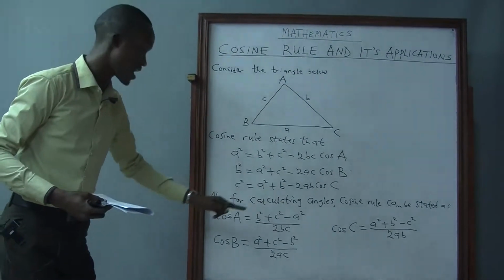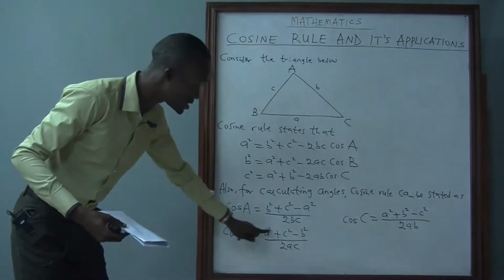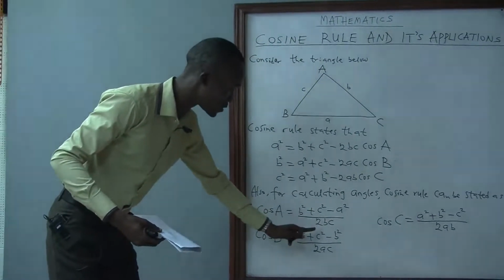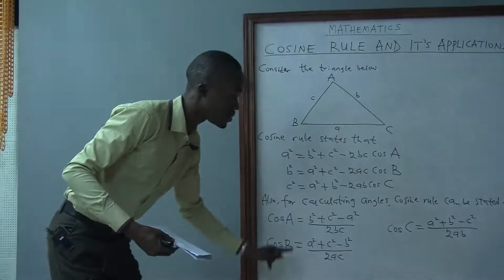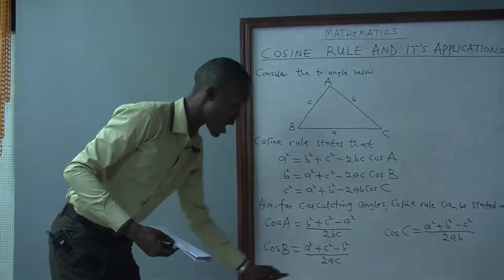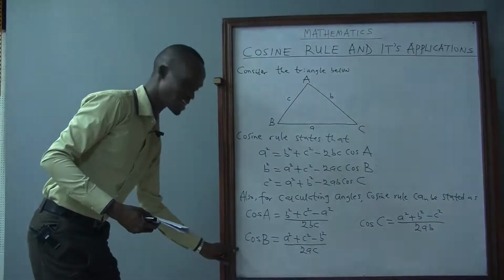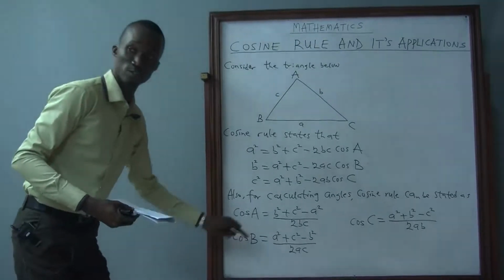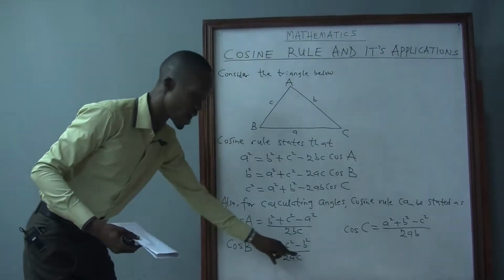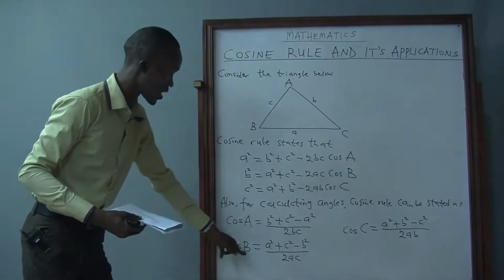But if you are asked to find angle B, then we make use of this. We put the value of A, value of C, value of B, then you will simplify. Then the result we have to find angle B, we now take the arc cos, which is the inverse of the cosine of the value we have. That is what will give us the value of angle B.